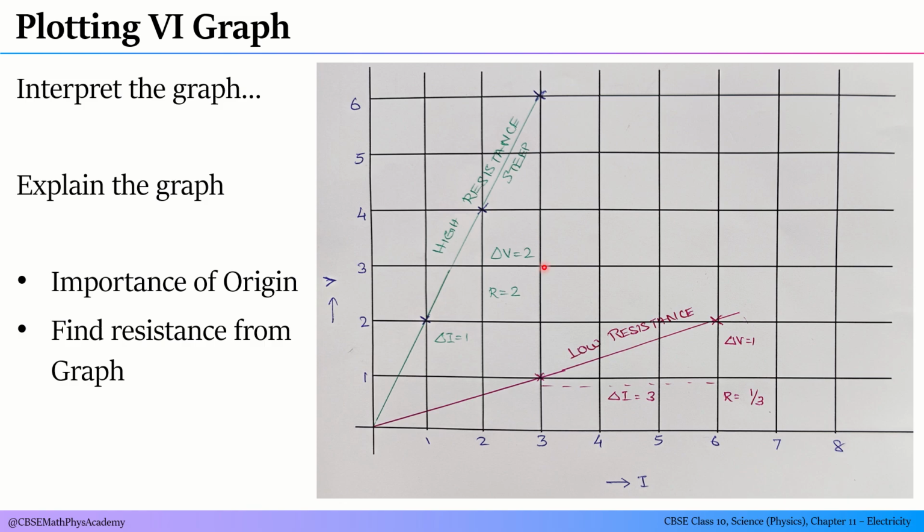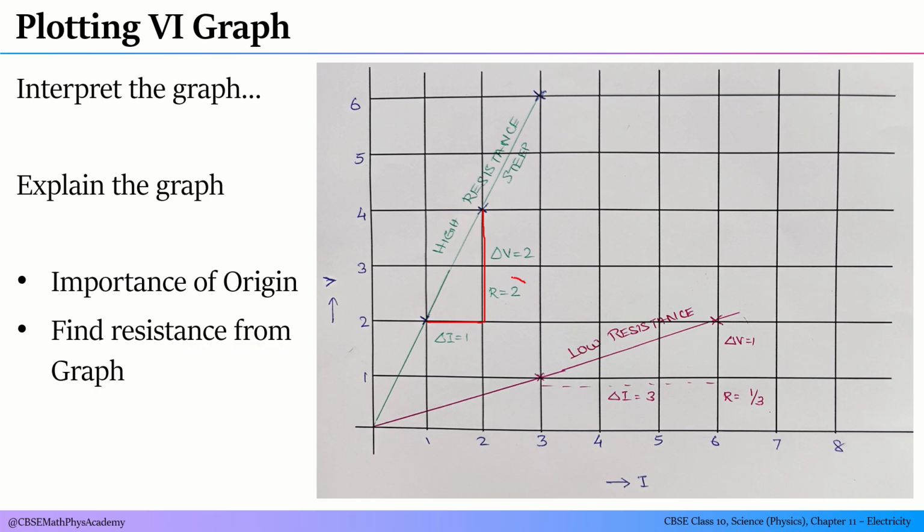Given a graph like this, you should be able to calculate the resistance. How will you calculate the resistance? Based on the slope. For example, here when I calculate the slope, delta V is 2 volts and delta I is 1 ampere.